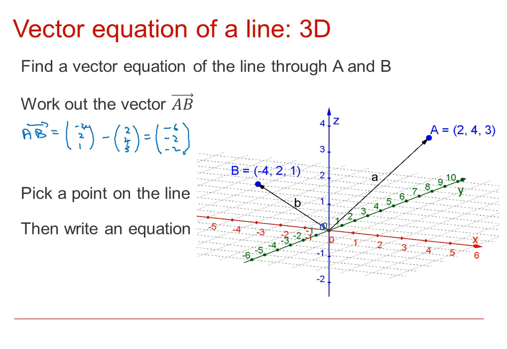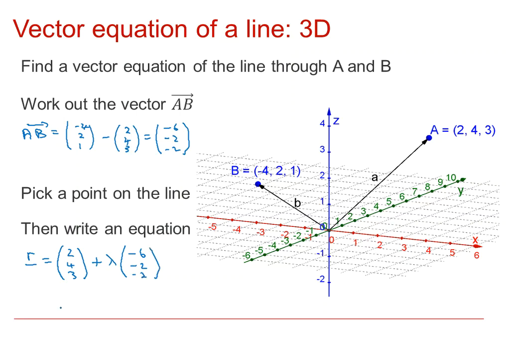We're going to pick a point on the line, and if I was going, as I am here, from A towards B, I think I'd choose A as my position vector. So my general point r is the position of A, so we're looking for OA, so that's (2, 4, 3), and now I'm at A, I would do scalar multiples of the vector from A towards B, (-6, -2, -2).